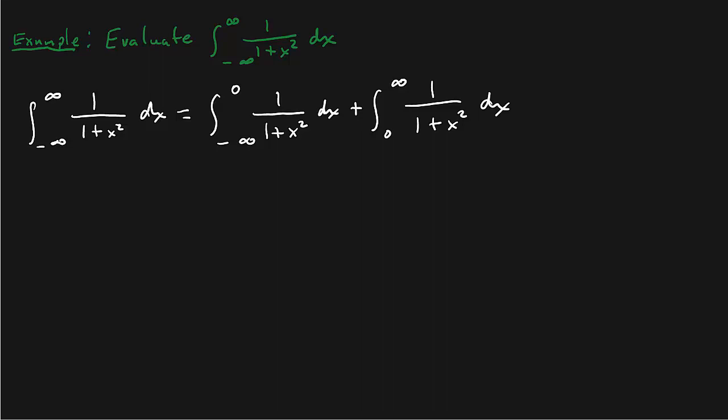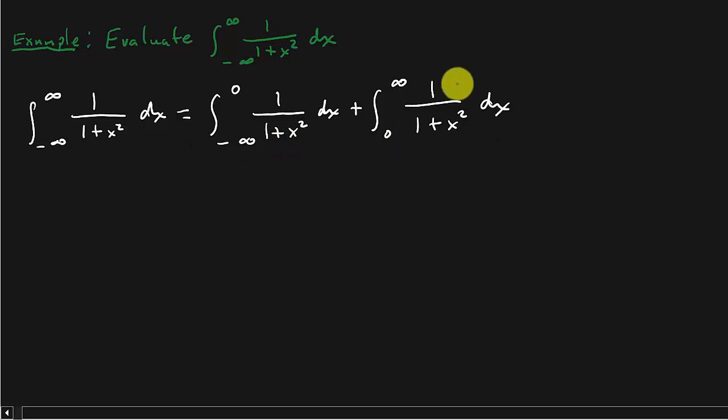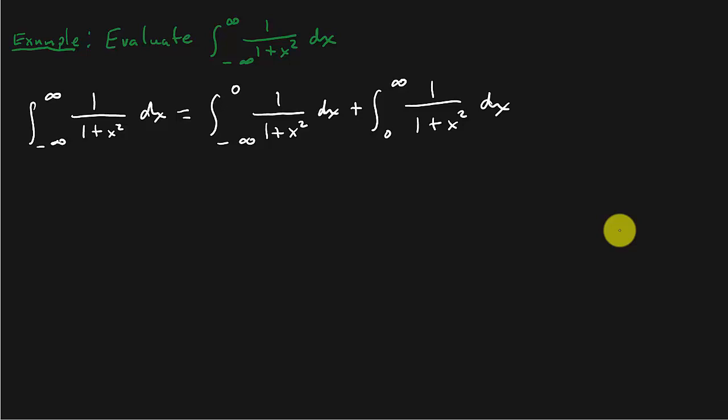For something like this, instead of working it all out together, what I like to do is take this part, solve it, take this part, solve it, and then add the results together. Just take it one step at a time.